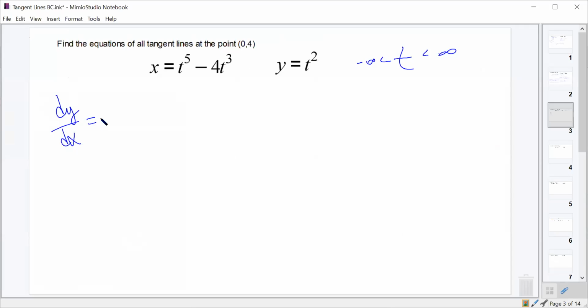Derivative of a parametric is just dy/dt, which is 2t, over dx/dt, which is 5t to the 4th minus 12t squared. Good or no? Good-ish. We'll divide a t out of all of it, just to make some arithmetic later easier: 2 over 5t cubed minus 12t. Everyone all right with that?